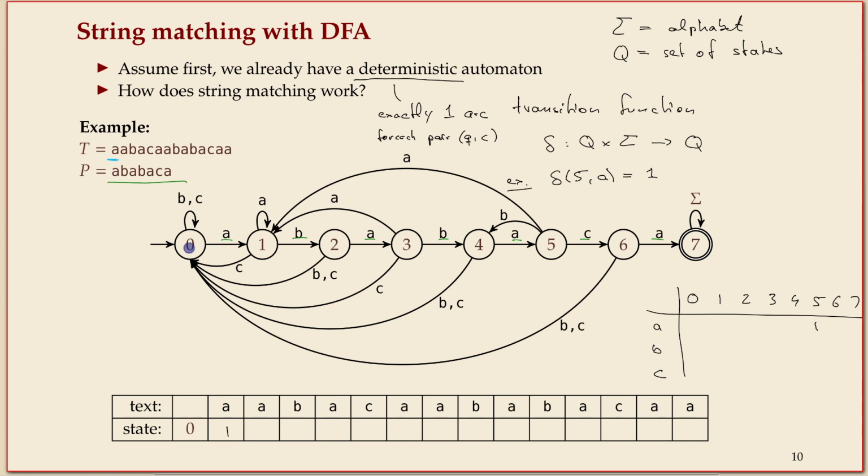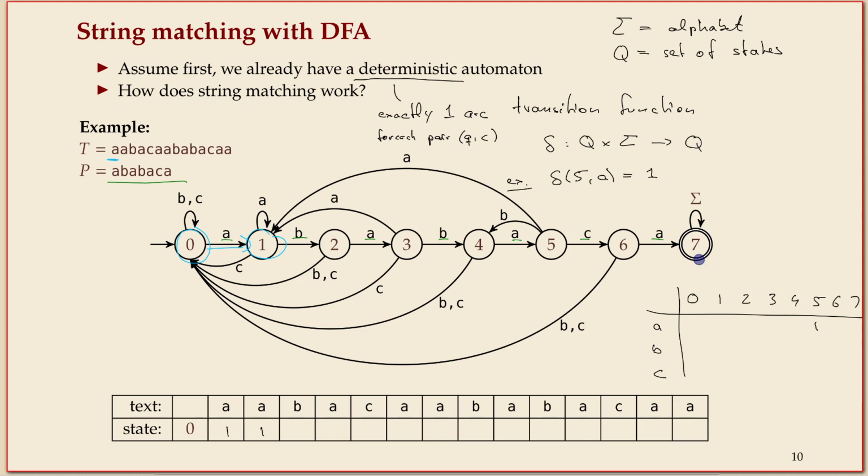So I'm probably not going to be able to do this for all of the letters. Otherwise, we'll get a very messy picture. I'll just draw it for one transition. Now we're in state 1, and we read another A. The arc there takes us back to state 1. And that's all that you do.